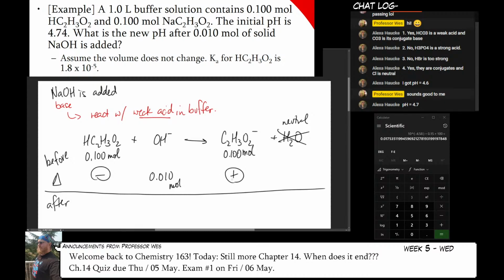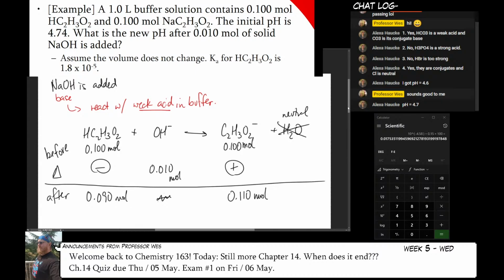That's going to produce this, so I'm adding. So this is going to become 0.90. This is used up. I don't want to write a dash, I don't want that to look like a subtraction. And that's going to become that. So that's the number of moles that are in my solution now.